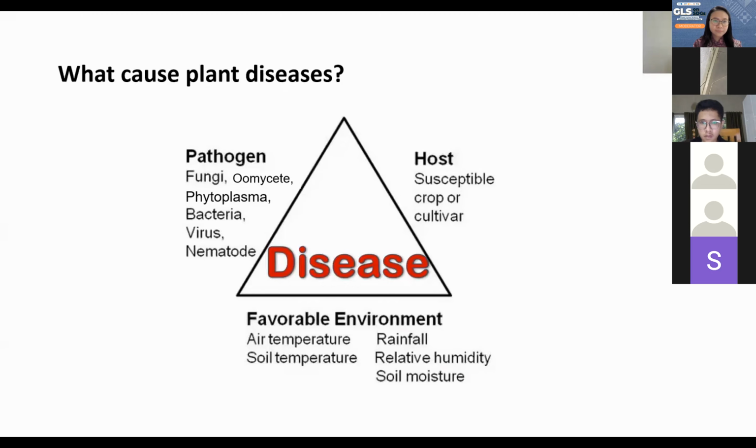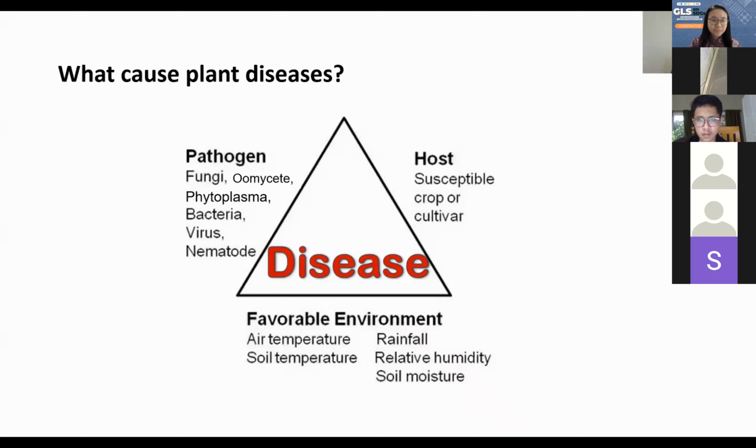The environmental conditions have to be favorable for disease to develop. So these three aspects are required for a disease to occur. If one or two or three of these aspects are missing, then disease will not occur.